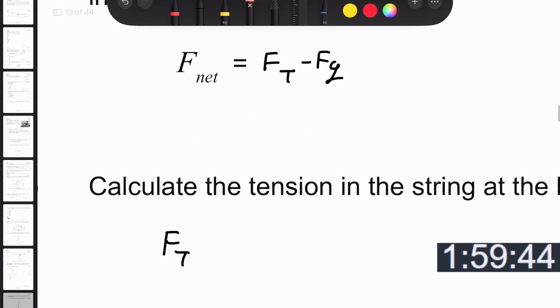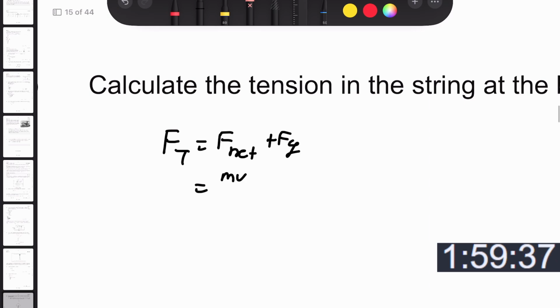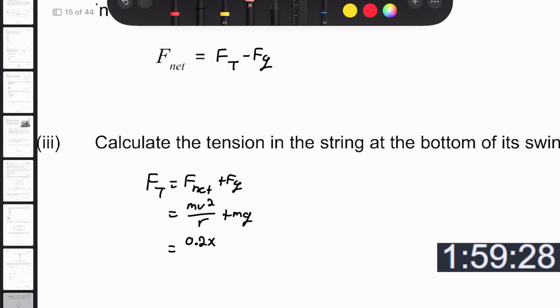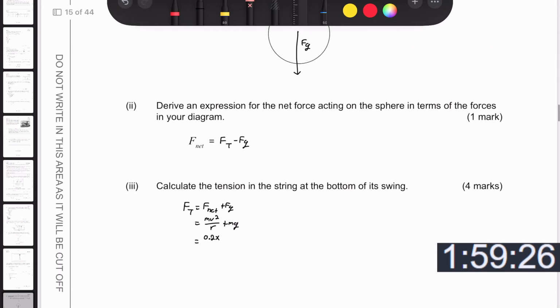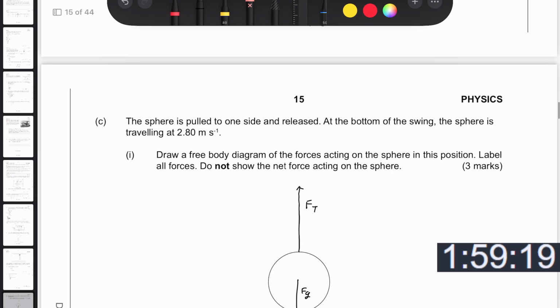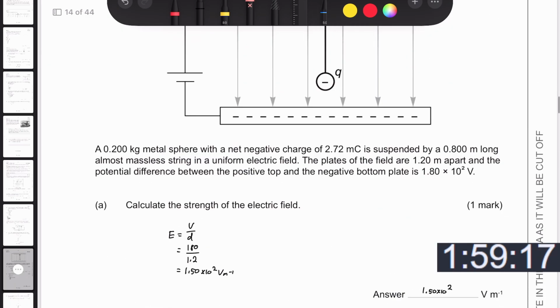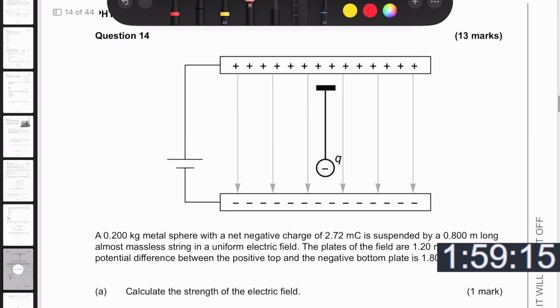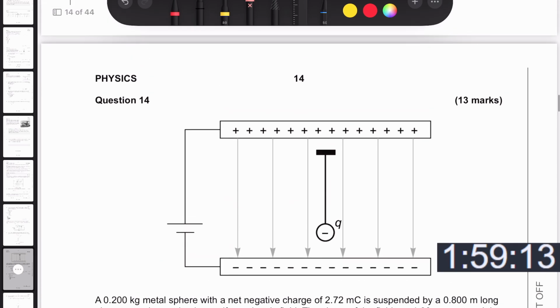So then F of tension is F net plus F of G. It's going to be mv squared over r plus mg. So it's going to be 0.2 times 2.8 squared, 9.81.